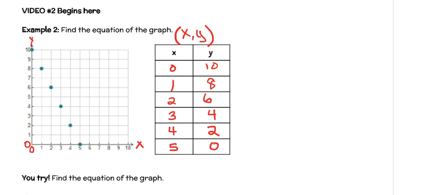This is a table that you desperately need to be able to do the next part, which is getting our equation from this.